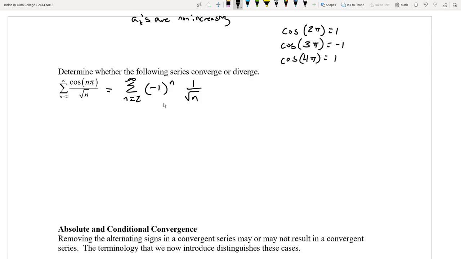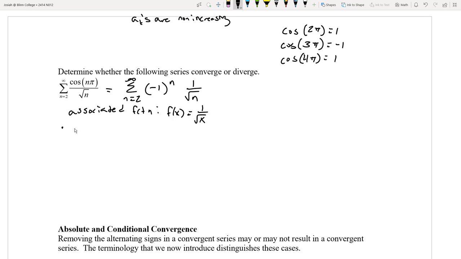And so we'll go ahead and proceed with this. The associated function is going to be f of x equals 1 over root x. Right, so we do the same check as normal here. We go ahead and check for positivity.